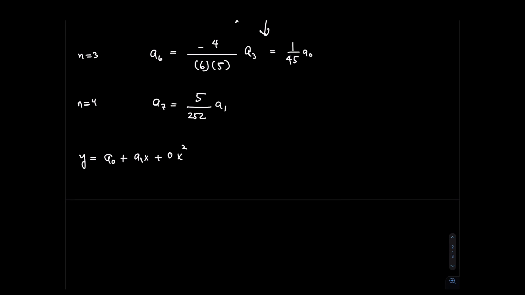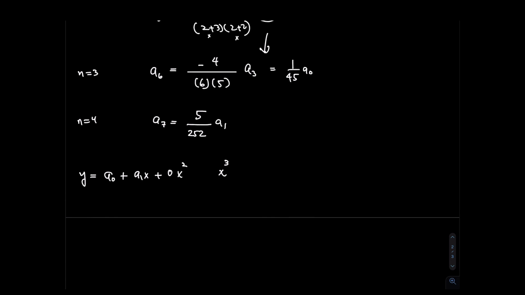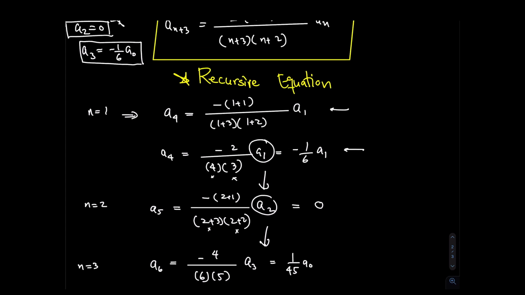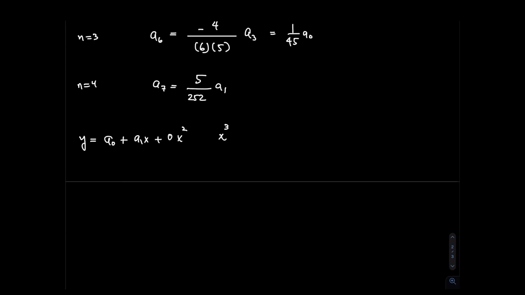The next term is then plus x to the power of 3, correct? Let's see what the next term is, which is A3. My A3 is minus 1/6 A0, so it will be minus 1/6 A0. That's A2, that's A1, that's A0, so I don't lose track. That's always a good idea when you're writing the solution.